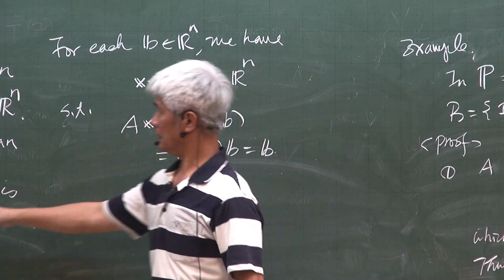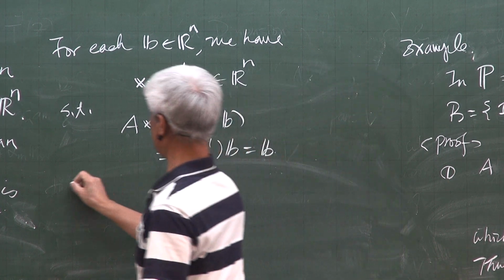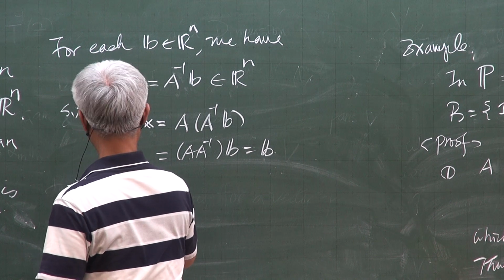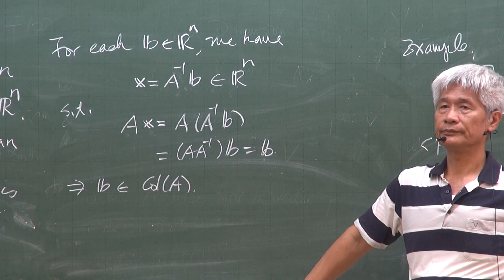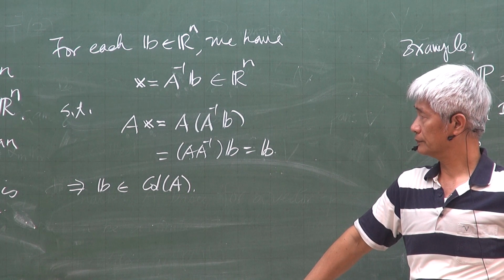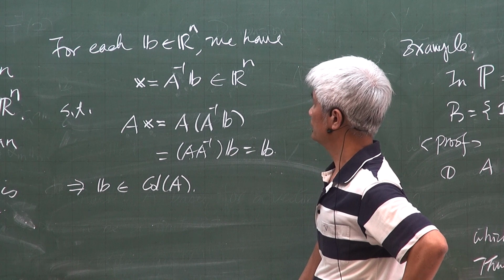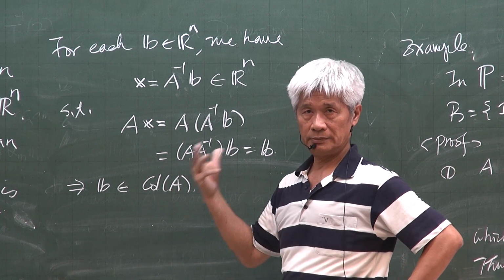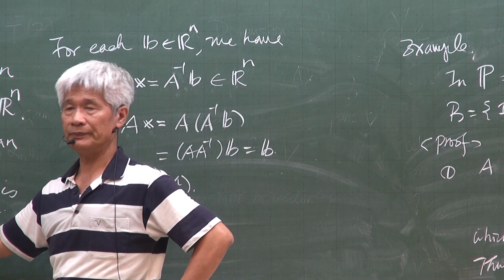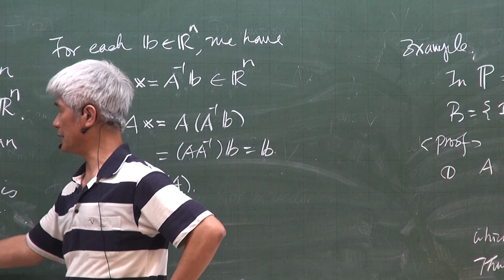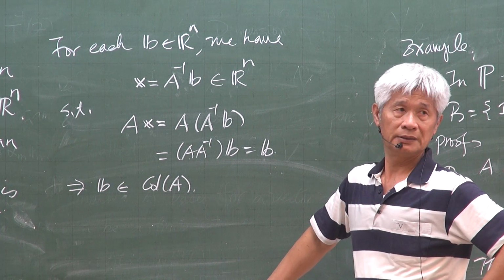So we find a vector x in Rⁿ such that Ax equals b. This implies that b is in the column space of A. By construction, we can find an x in Rⁿ such that Ax equals b.